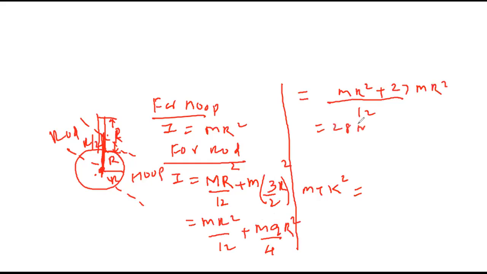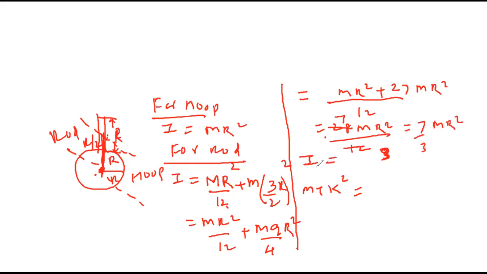So 28 mr square upon 12, that is 3 into 4, 3 into 7. Cancel 4, 7 by 3 mr square.